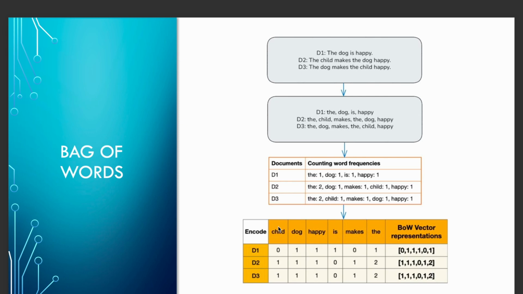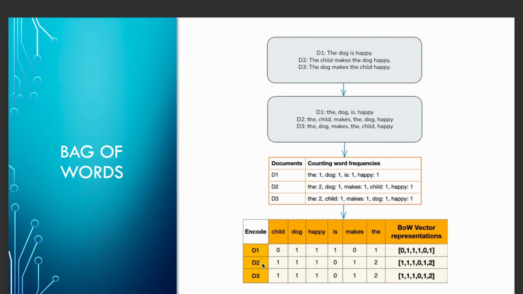So let's fill this array. For D1, child is 0, dog is 1, happy is 1, is is 1, makes is 0, and the is 1.